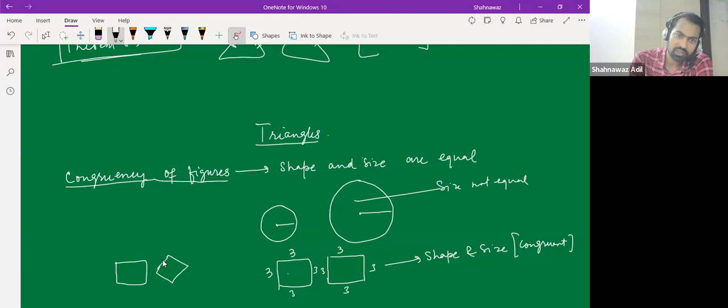This is 3 and this is 3, and let me remind you that this angle is 90 and this is not 90. So the sizes are equal, but the shape is not. Understood? So these are not congruent figures. This was about the congruency of triangles.